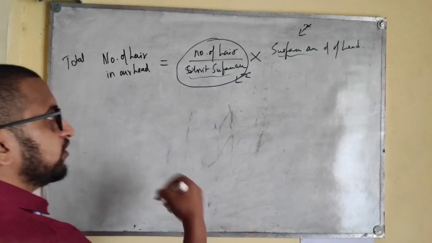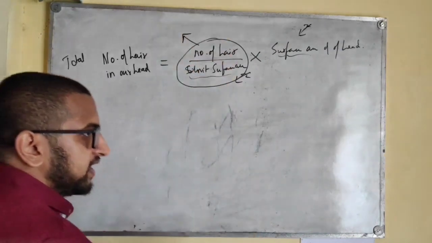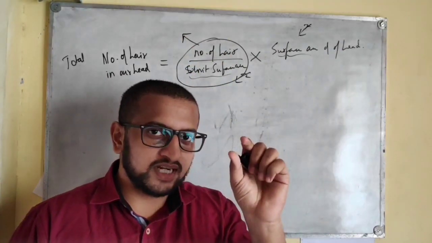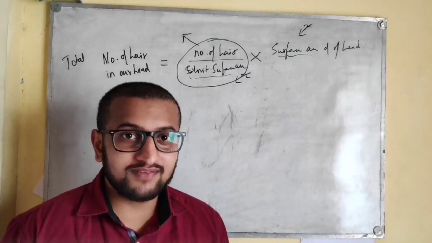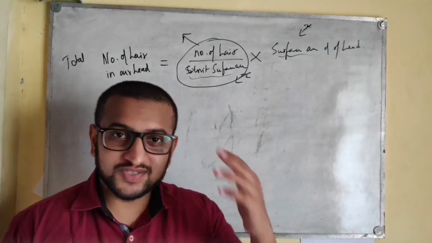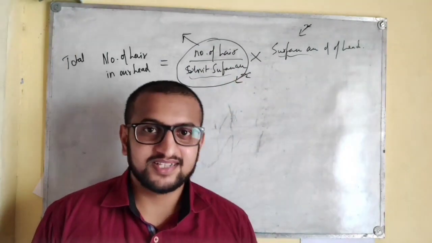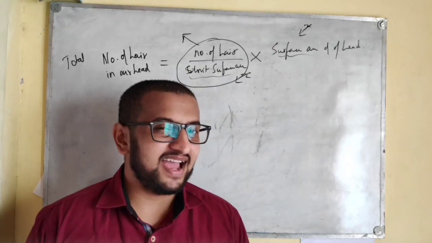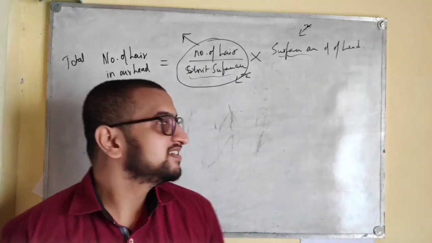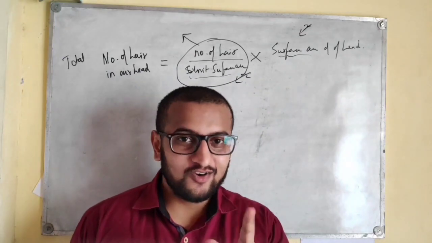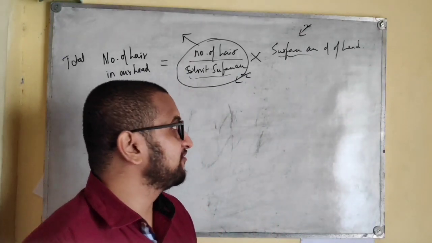So I am just going to assume a constant value like 70 hairs per unit centimeter square. You know what? I don't have a choice, because if I assume some random distribution of hair, the math is going to get complicated, and I hate complications. Just kidding. I love complications, but not in my life.